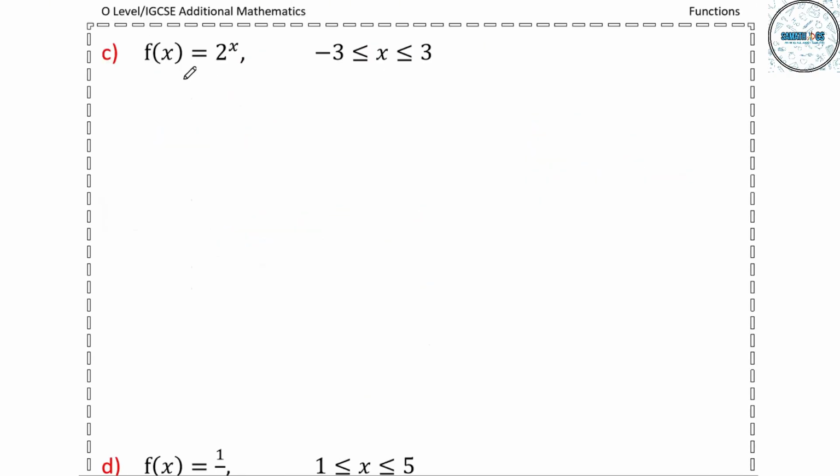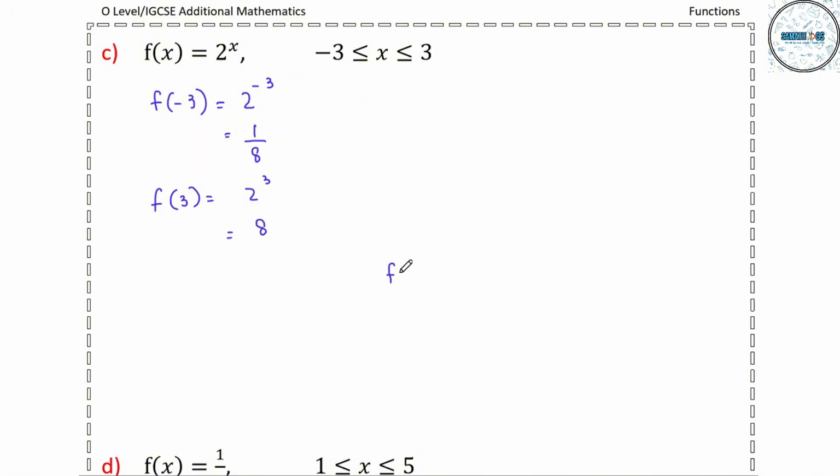In this case, f of x is equal to 2 power x. It's an exponential function, and the domain is given from -3 till 3. When we substitute -3, it is 2 power -3, which is 1 upon 8. F of 3 is 2 power 3, which is equal to 8.